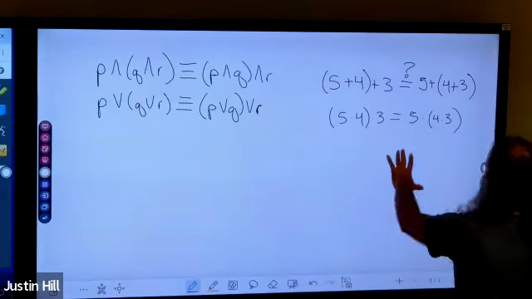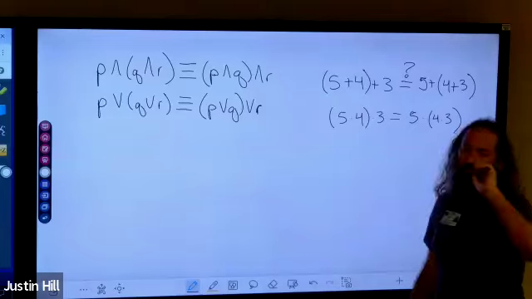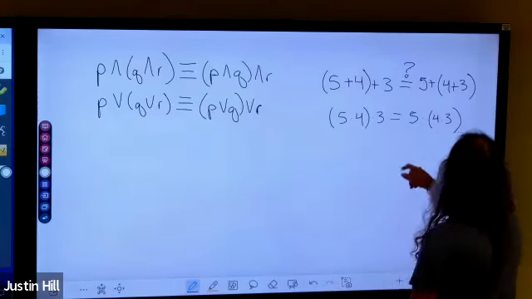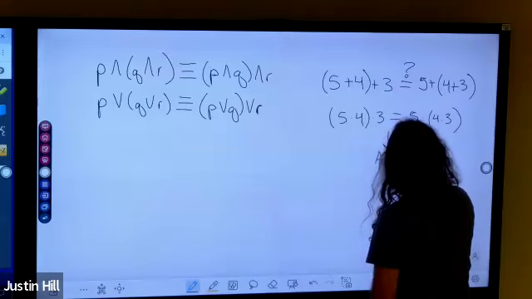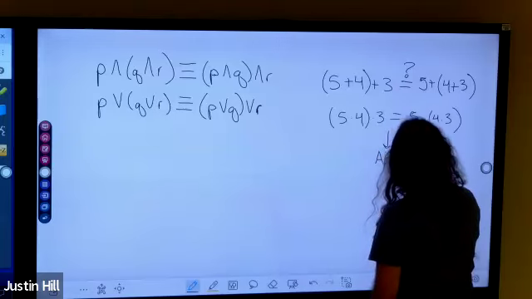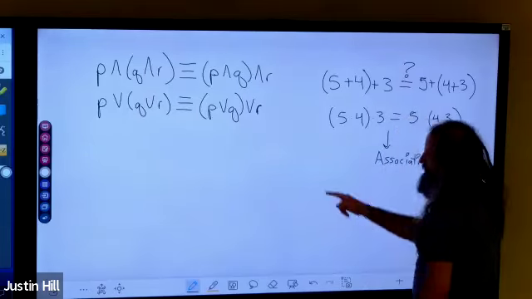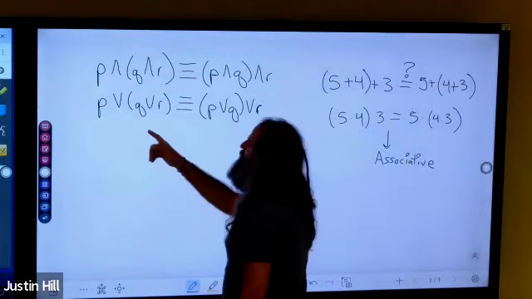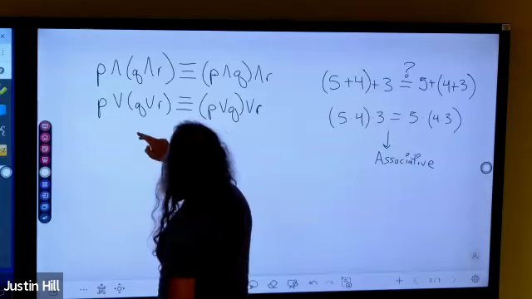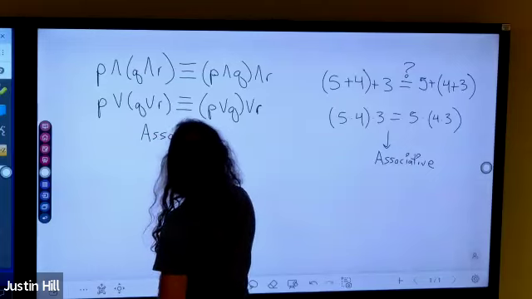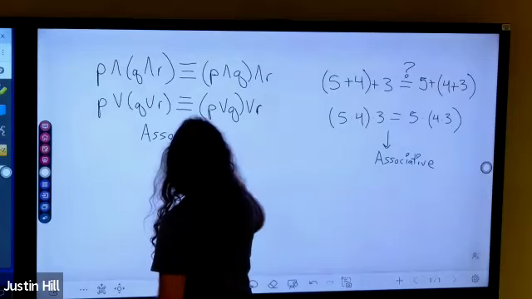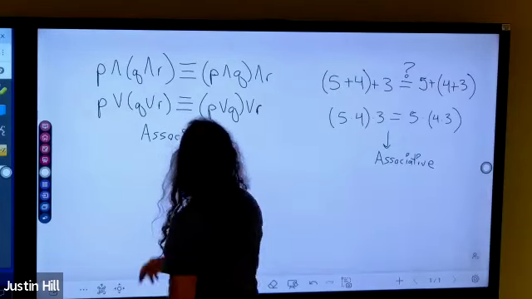So this same pattern of I have the same operation all the way through and I can switch the parentheses showed up in algebra, and the name for this pattern in algebra was the associative property. And it's the same name here. So the and the or operators have the same pattern, the same property as multiplication and addition do in algebra, the associative property.